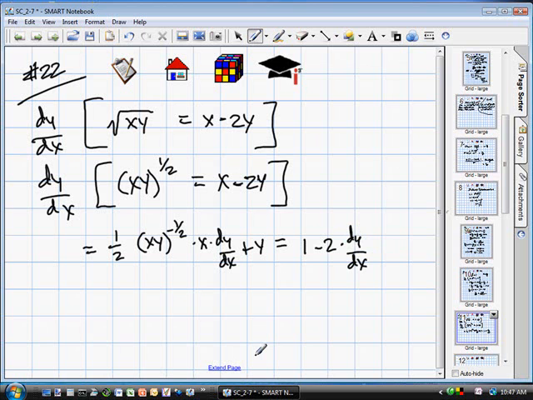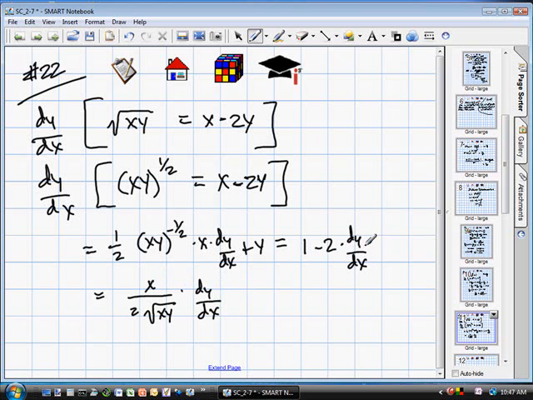Now all we've got to do is get our dy dx's together and do a little bit of algebra, and we've got it. So let's simplify. They don't like fractional exponents, so shouldn't we write this differently? And then we've got an x, so I could have put an x there, and that's times dy dx.